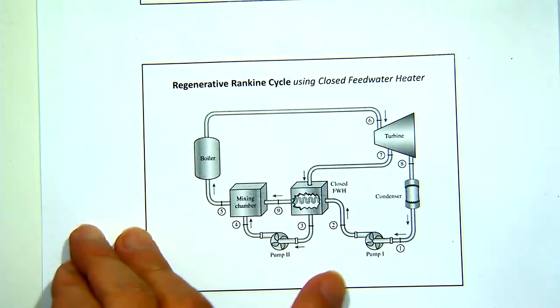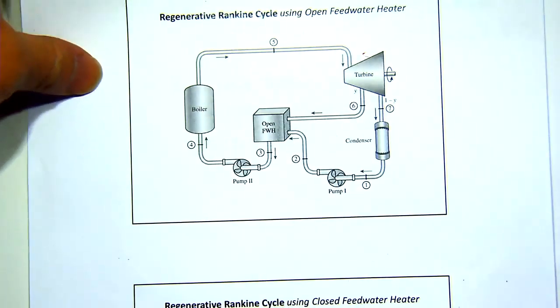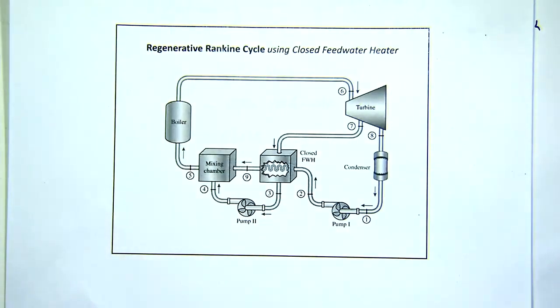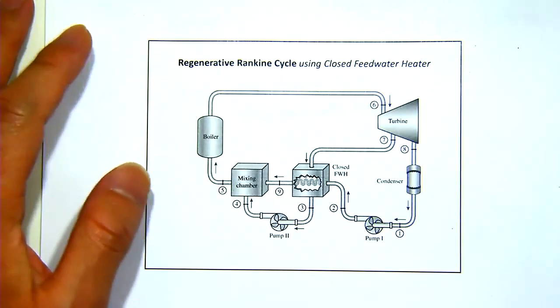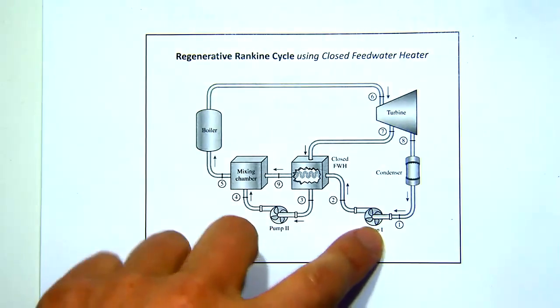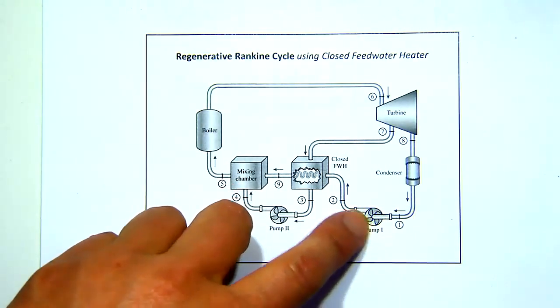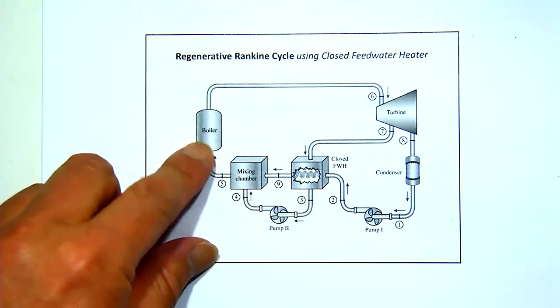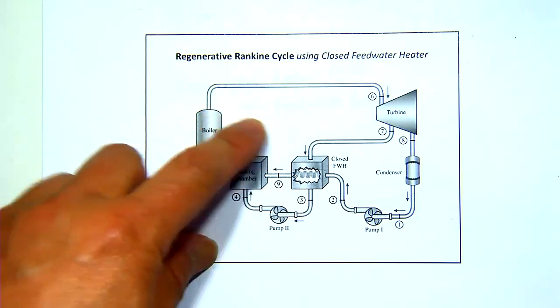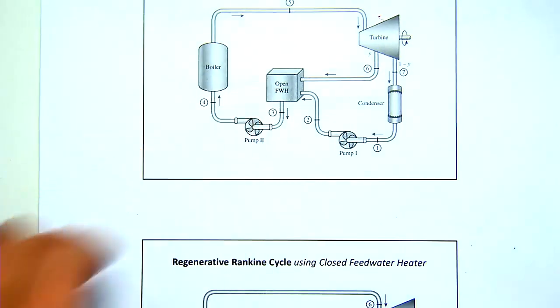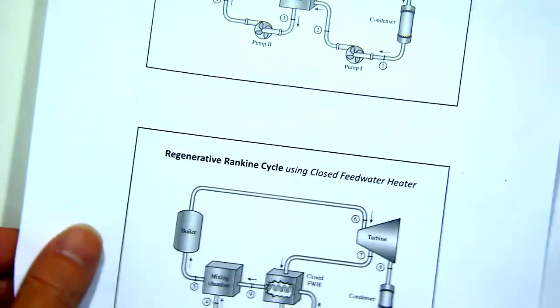The open case is simpler in terms of the setup and cheaper. The closed case is more expensive and more complicated, but it has its own advantage in that it only requires one pump to pump the compressed water directly to the boiler pressure. Unlike the open case, where you always need an additional pump in order to reach the boiler pressure.